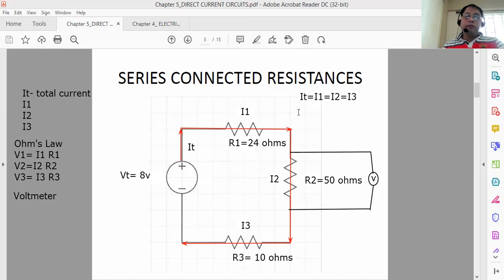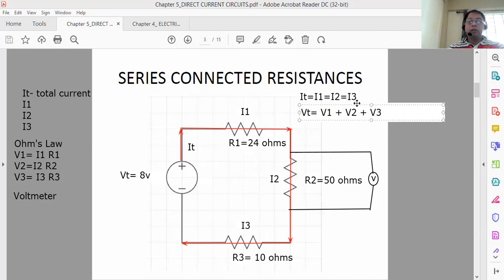Now, when we relate the voltages that result whenever we have current and resistance, the value of our total voltage, V sub t, we call this our total voltage. It is related to V1, V2, and V3 by adding them.